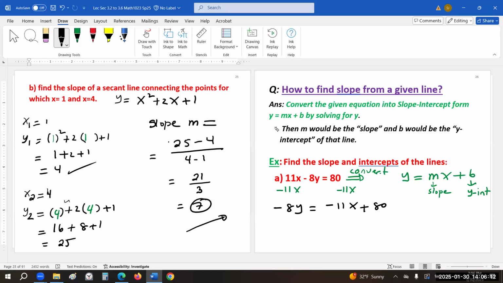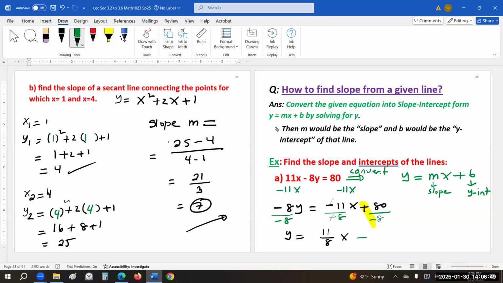And now to get the y alone, divide by -8. And let's do it individually because we need to see m and b separately. So y equals, what happens to the two negatives? Cancel out. So you're left with positive 11 over 8x. And what happens to plus divided by minus?